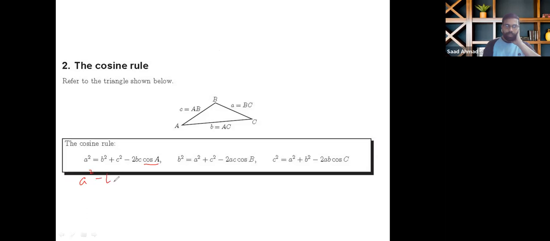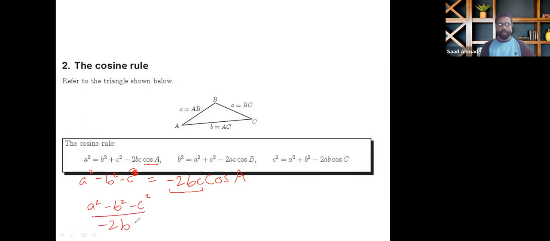I will move the b and the c to the other side: a squared minus b squared minus c squared equals minus 2bc cos A. Then I divide both sides by minus 2bc. So a squared minus b squared minus c squared divided by minus 2bc is equal to cos A.